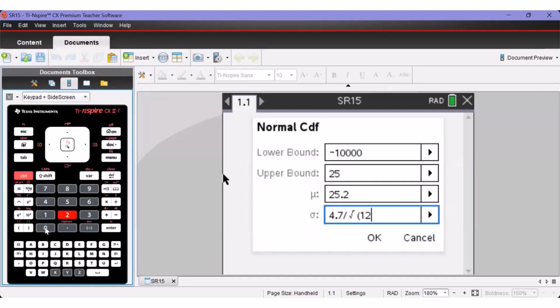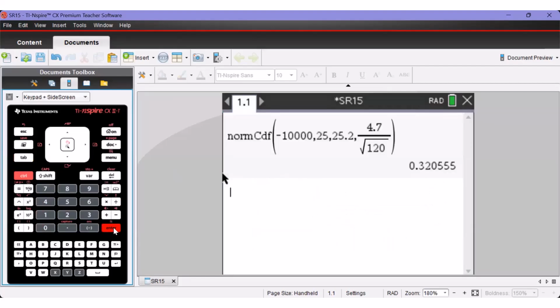Enter 120 and close the bracket. Press Tab to highlight OK and then press Enter. And what we see there is an answer of 0.320, etc.